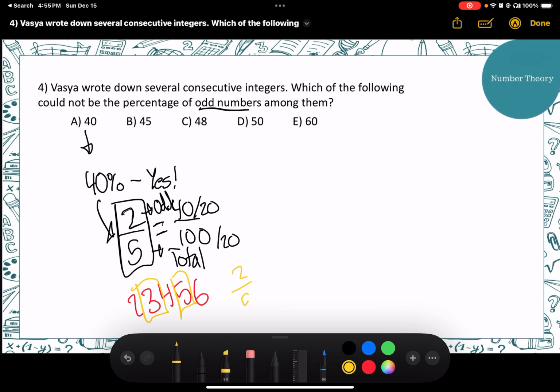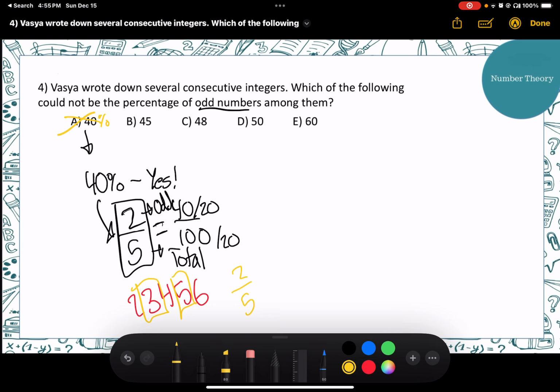That means we have 2 out of 5, which is 40%. So 40% is actually a right answer, meaning that could be the percentage of odd numbers among them. So that's going to be ruled out.